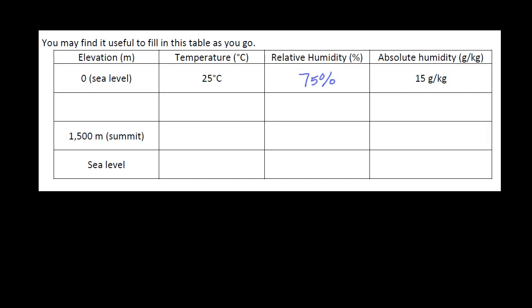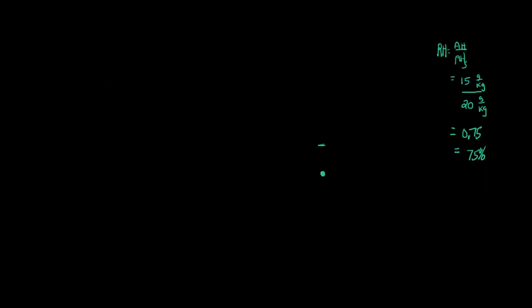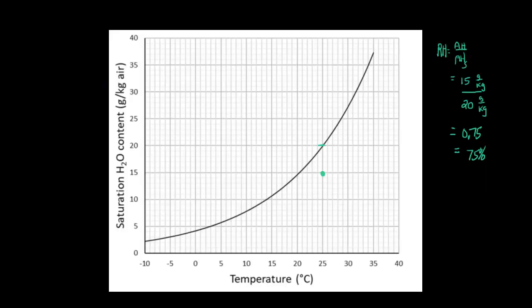So let's see how that happens. Now this air, I'm going to use a different color here, is going to rise, and as it rises, it cools. As it cools, the only thing that changes on this diagram is its temperature.